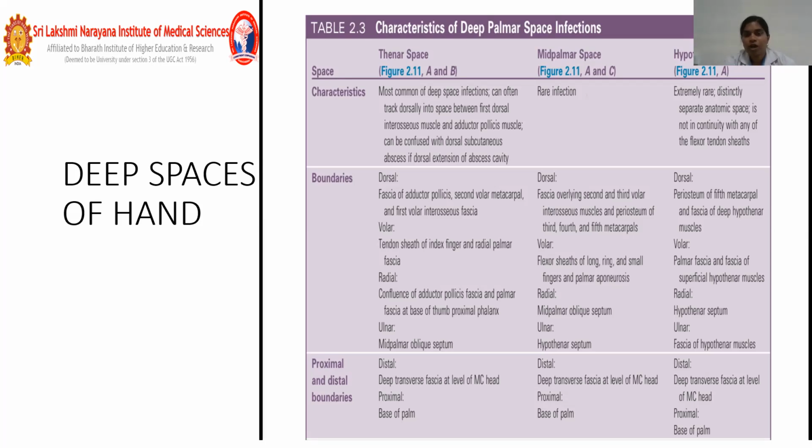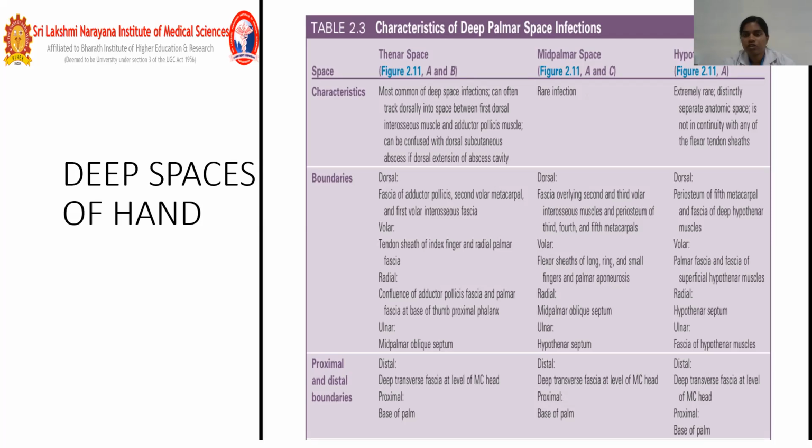And coming to the mid-palmar space, it is dorsally covered by the fascia overlying the second and third volar interosseous muscles and the periosteum of the third, fourth, and fifth metacarpals. And on the volar side, it is the flexor sheath of the long, ring and small fingers and the palmar aponeurosis. Radially, it is the mid-palmar oblique septum, and ulnarly, the hypothenar septum.